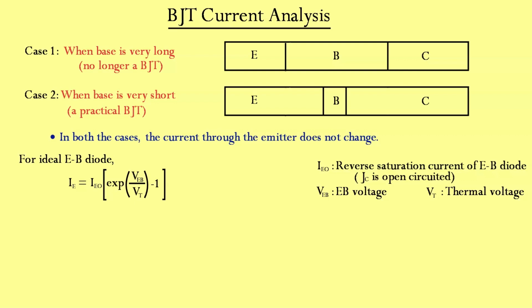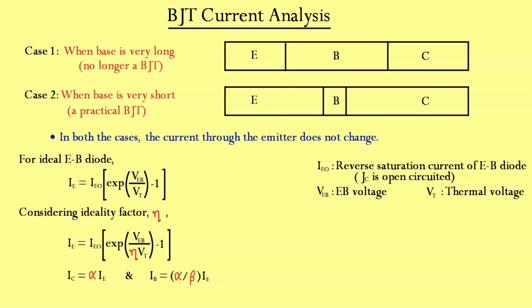Like for an ideal emitter-base diode, we have the emitter current equal to the reverse saturation current of the emitter-base diode multiplied by exponential of emitter-base voltage divided by thermal voltage, minus 1. We can also include the ideality factor if it is provided. After finding the emitter current, we can find the collector and base currents also by using current gain parameters.